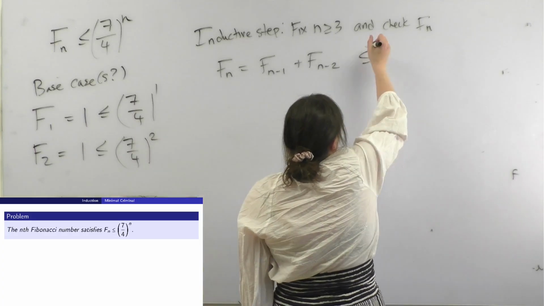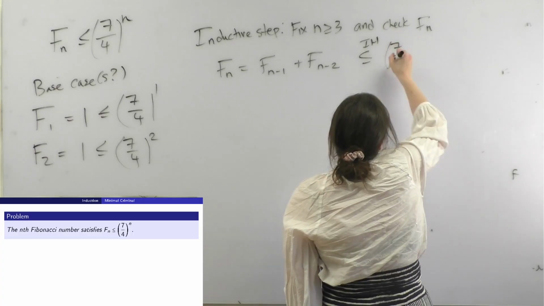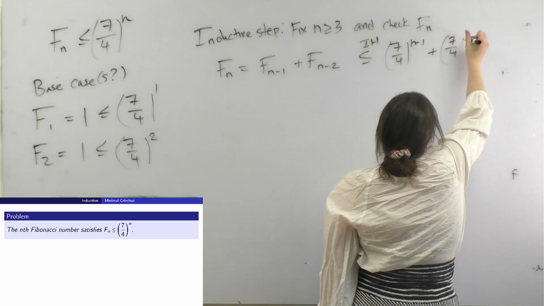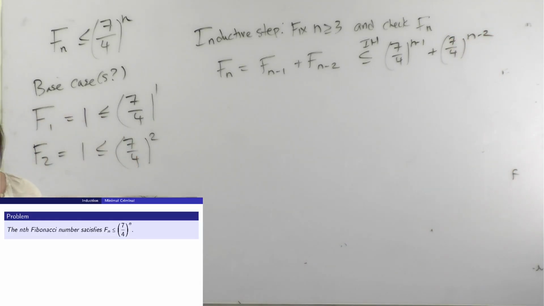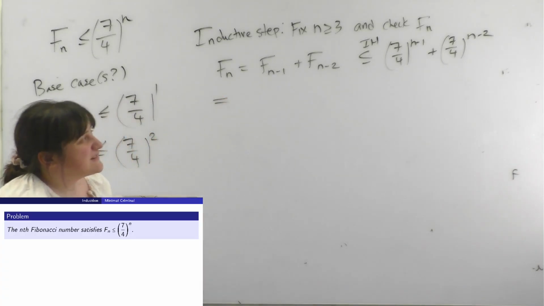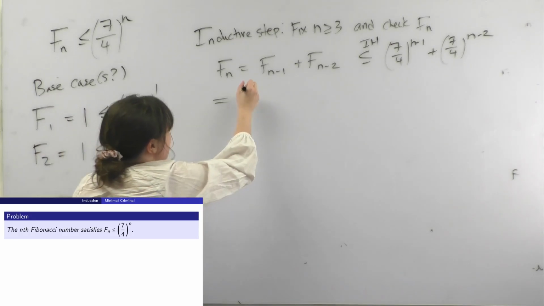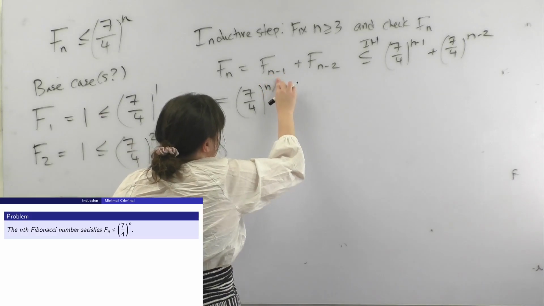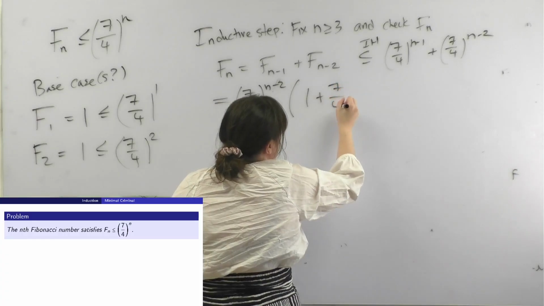This is less than or equal to, by the inductive hypothesis, (7/4)^(n-1) plus (7/4)^(n-2). Okay, I think I see some algebra that I can do. I can factor out (7/4)^(n-2) to write this as (7/4)^(n-2) times (1 plus 7/4).